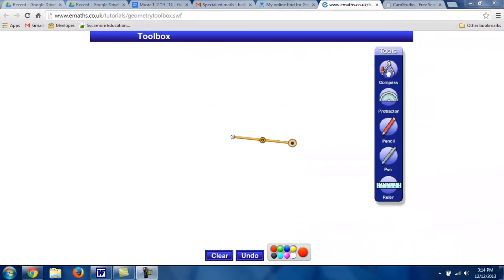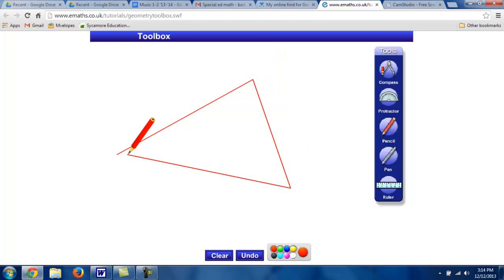And this last construction is inscribing a circle within a triangle. So let's have our triangle here. Oops. And for this, I need to first bisect two of the angles.